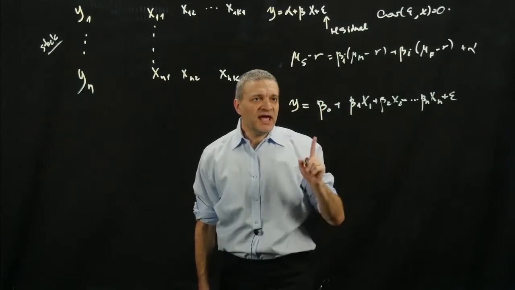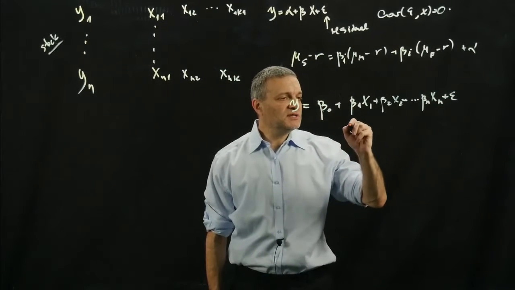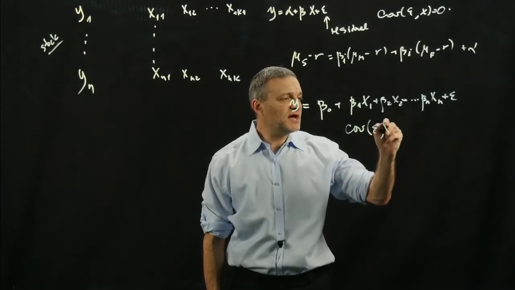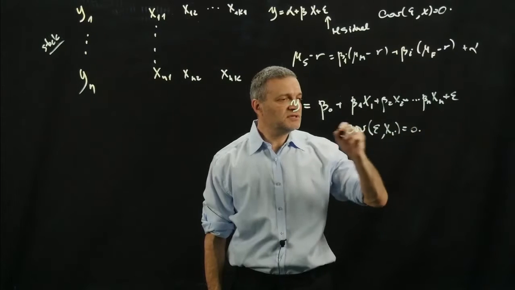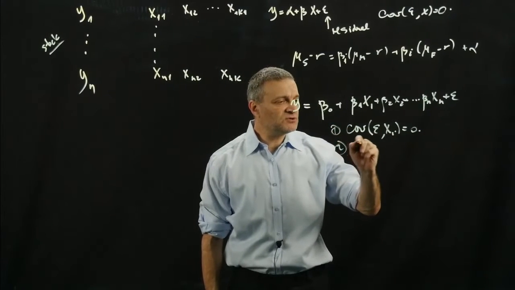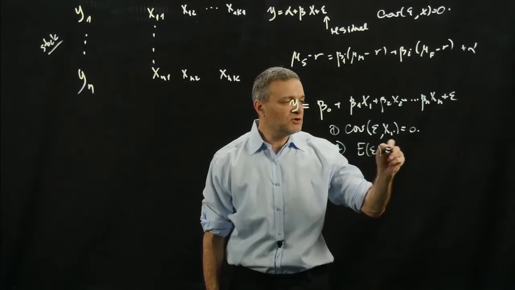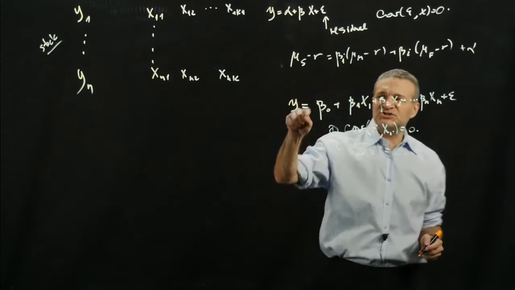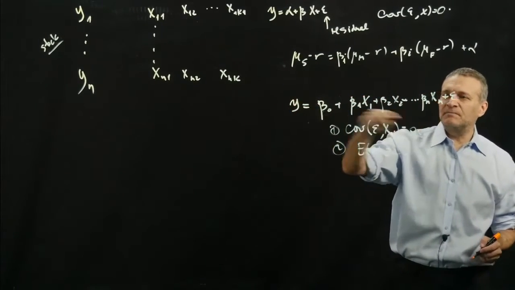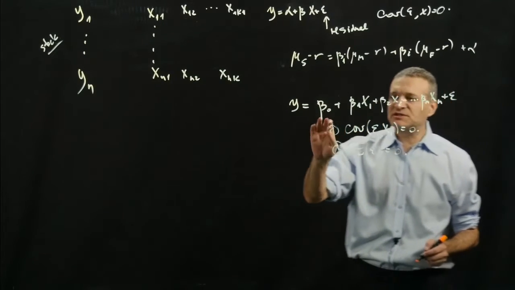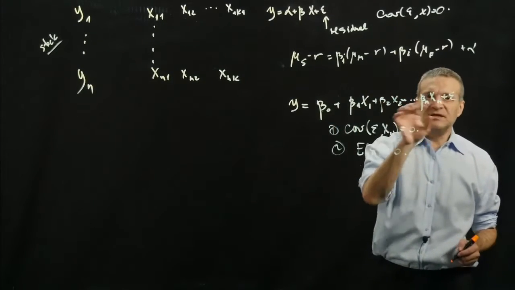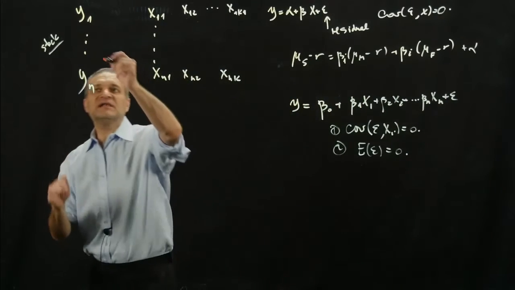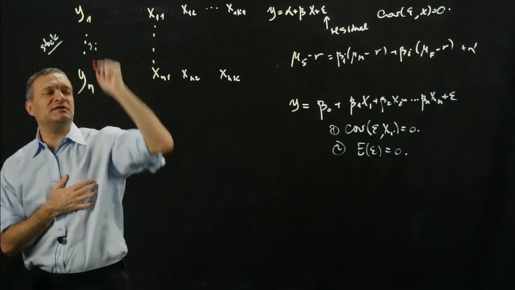And what you want to know is that the covariance of epsilon with all the xi's is 0. That's the first condition. And the second condition, of course, is that the epsilon has mean 0. So the average is completely explained by these factors. The only thing which is not explained is an error to these factors.